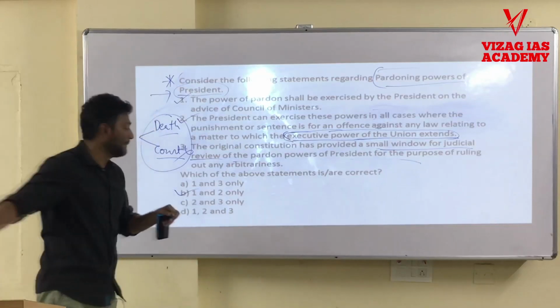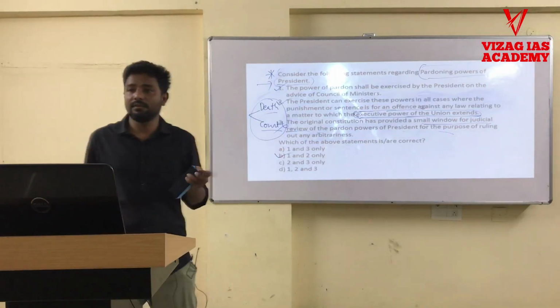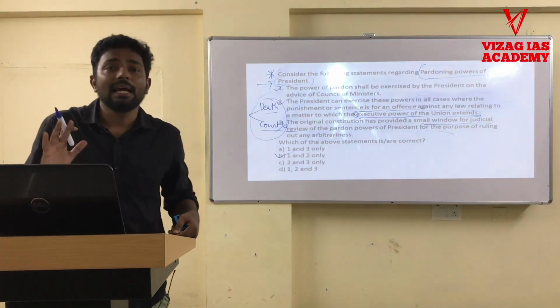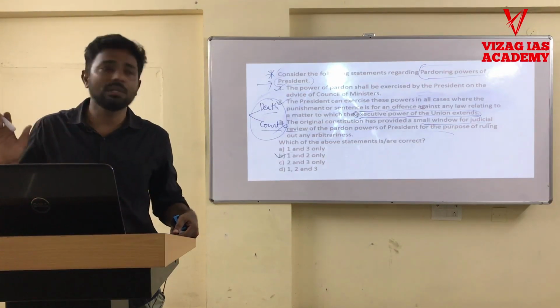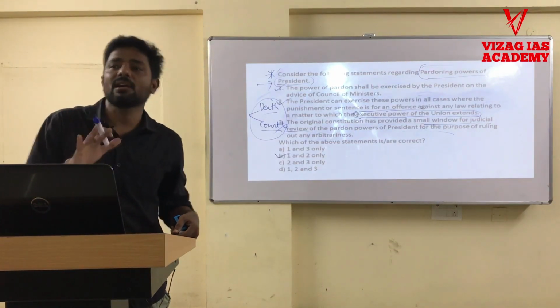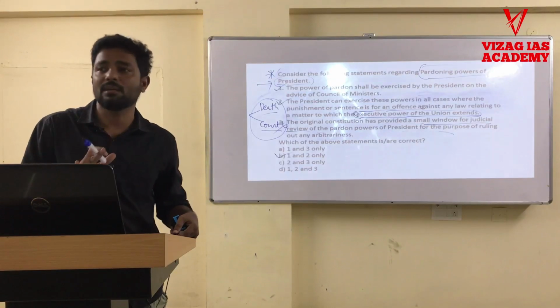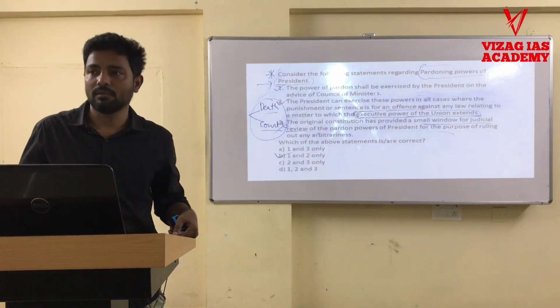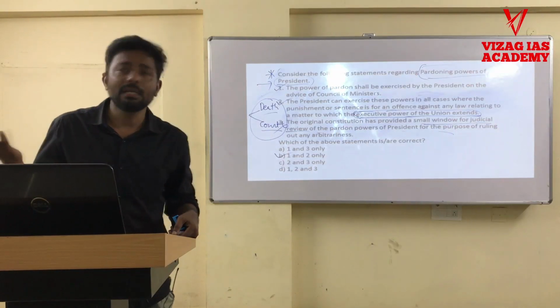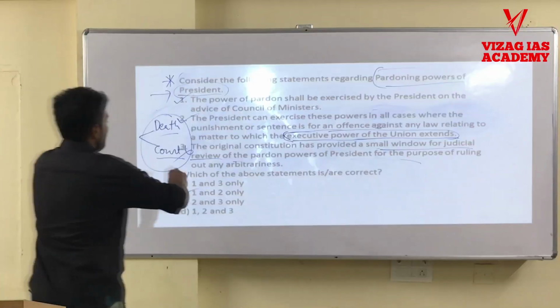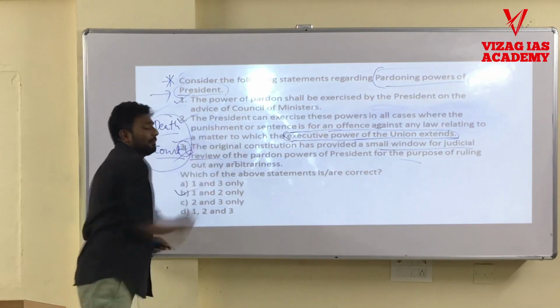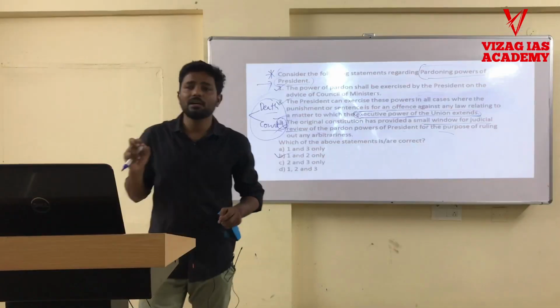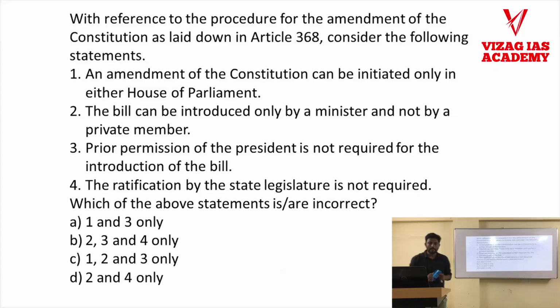The answer is B. There is no judicial review, because that is an extraordinary power given to the president to be used very cautiously only under certain circumstances, because even the judiciary may go wrong, right? So the pardoning power must be exercised very cautiously by the president.